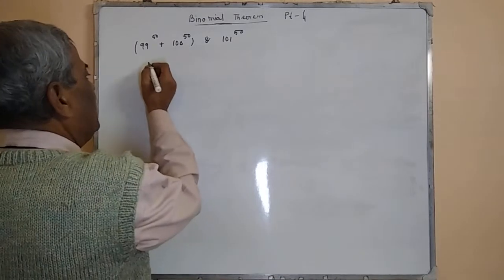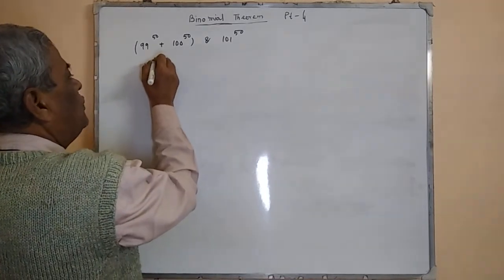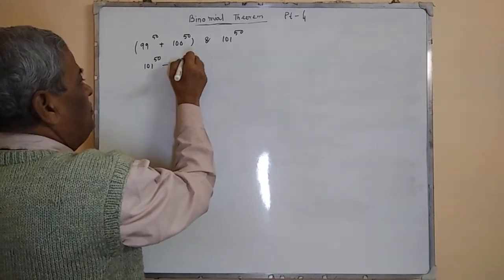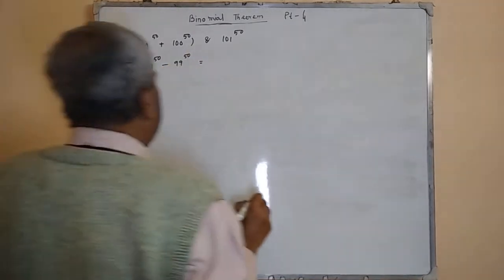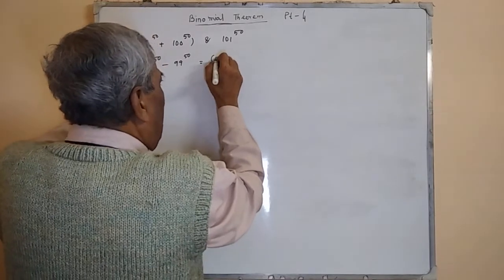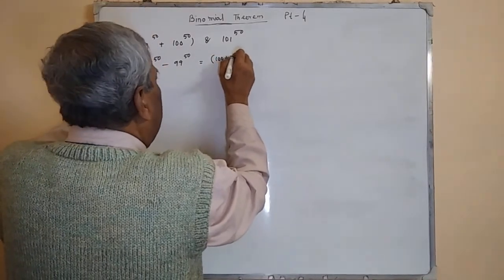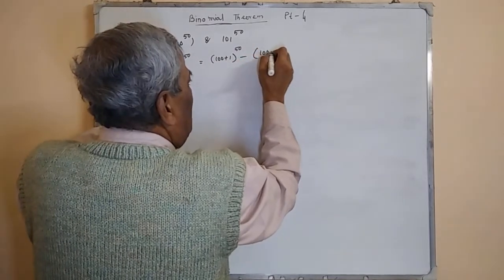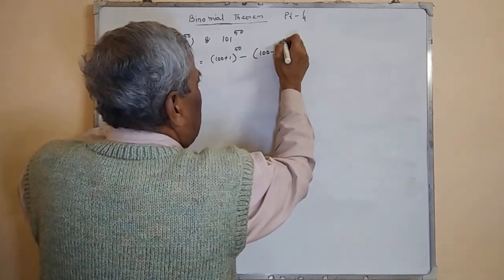Now let us start from here. 101 to the power 50 minus 99 to the power 50 is equal to (100 plus 1) to the power 50 minus (100 minus 1) to the power 50.